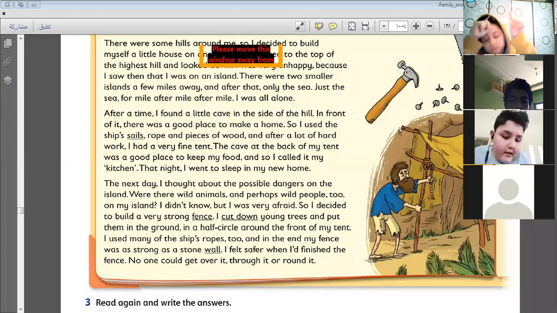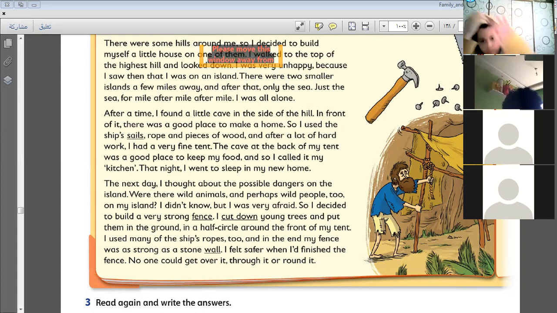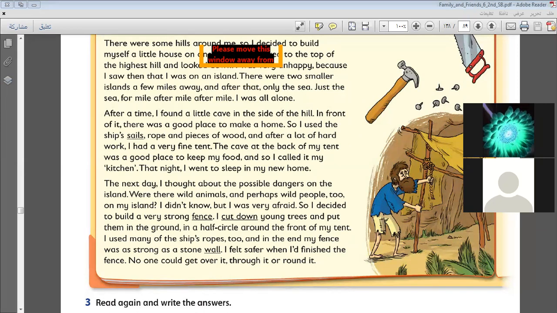Yes, Abdullah. Sir, build and decide. Okay, and now question 3. These are verbs, right, sir? Yes, verbs. And now exercise 3.